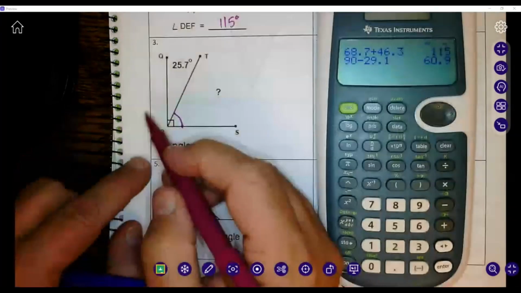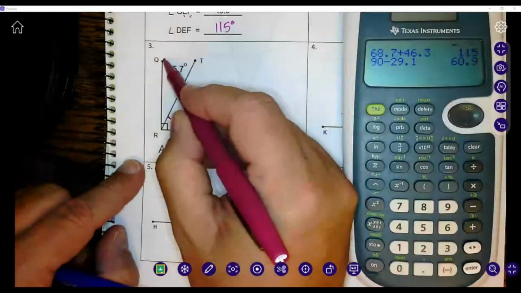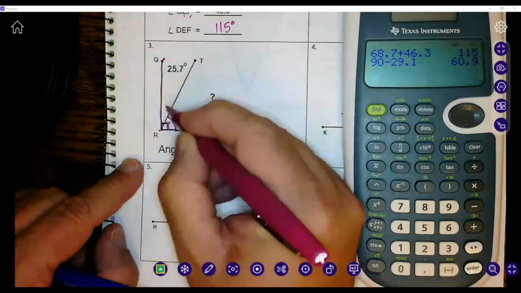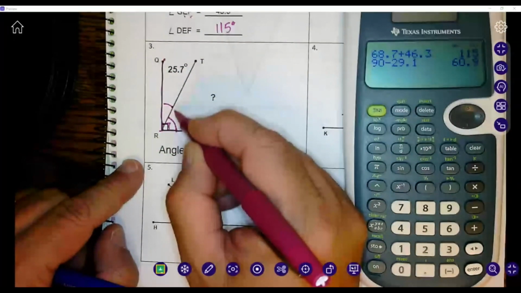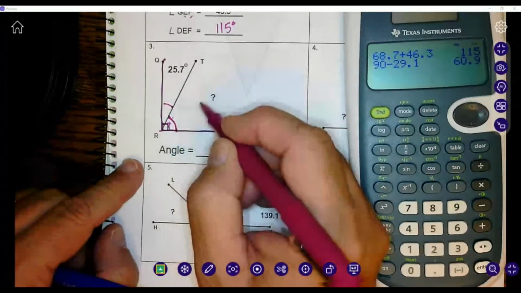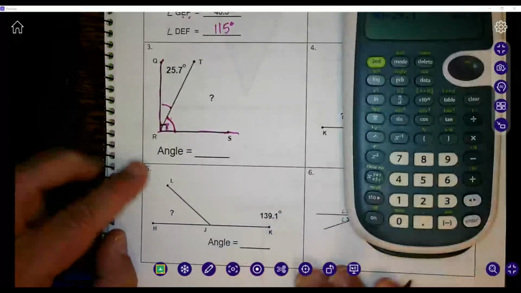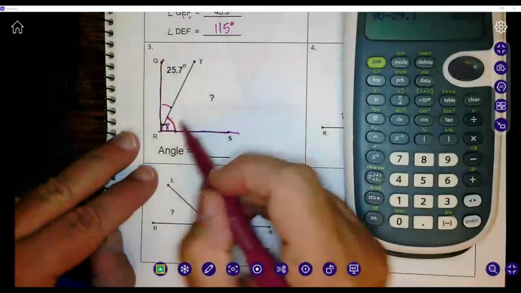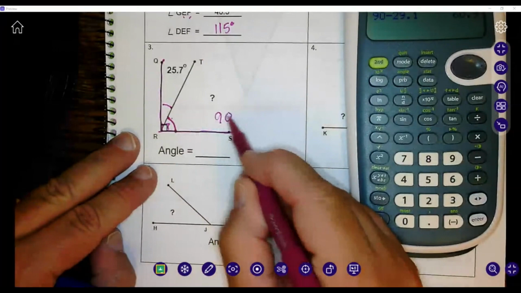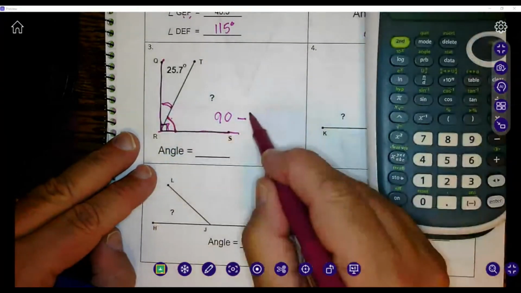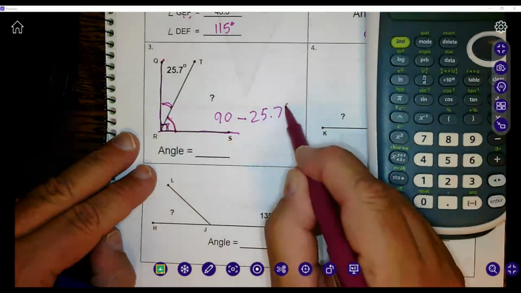We know that the big angle is 90 degrees, and we know that 25.7 and the missing angle have to add up to 90 degrees. So in order to find the missing angle, I need to take 90 degrees and subtract the other angle, 25.7 degrees.